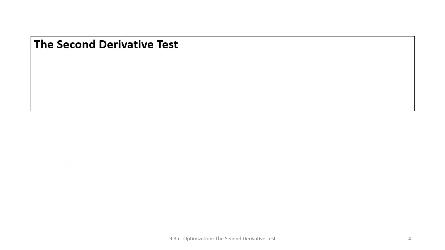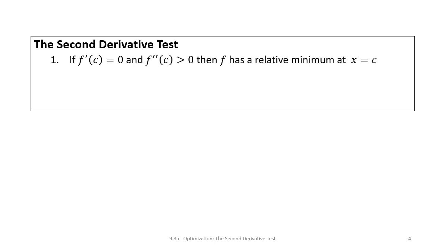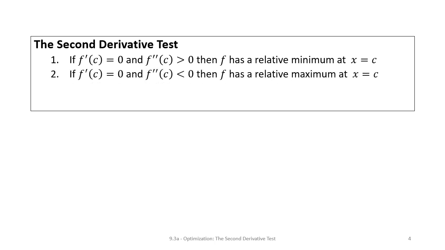In general, this can be summarized through the second derivative test. If the first derivative at x equals c is equal to 0, and the second derivative at x equals c is positive, then we can say that the function f has a relative minimum at x equals c. Likewise, if the first derivative at c is 0 and the second derivative at c is less than 0, so it's negative, then the function f has a relative maximum at x equals c.